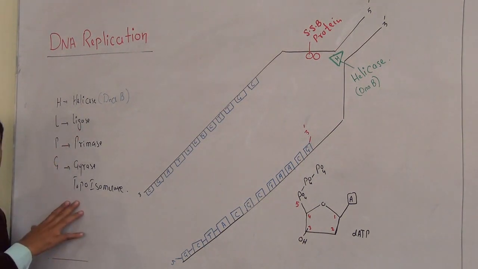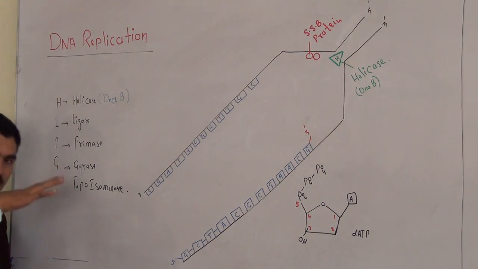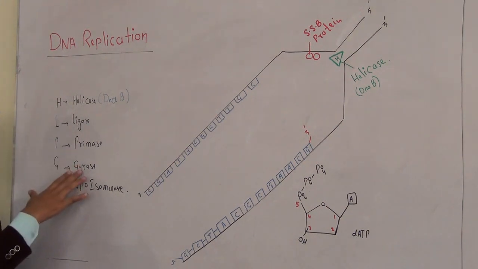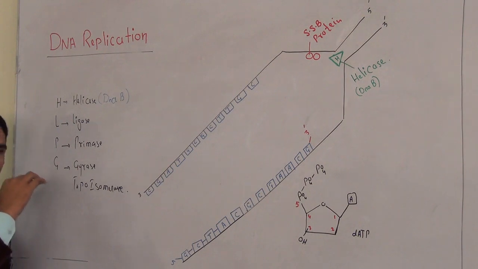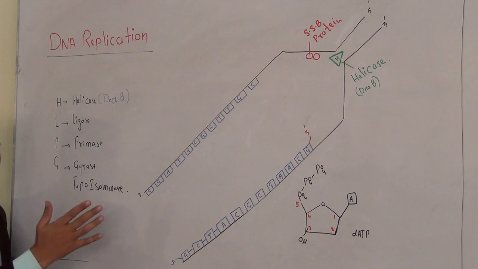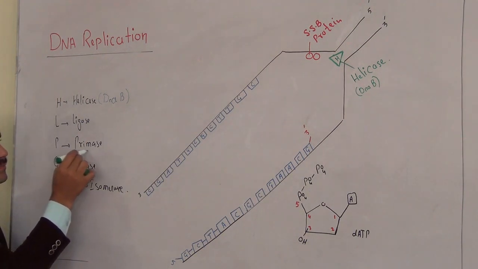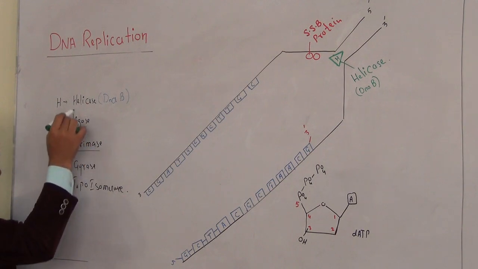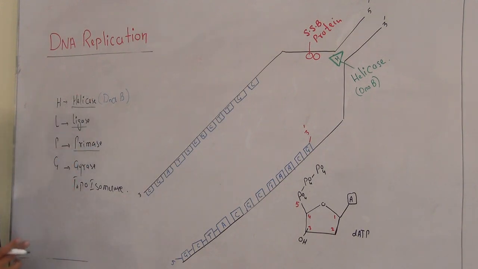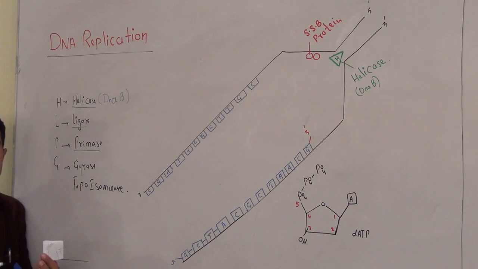There are some enzymes which I can teach you right now, but other enzymes we can't study right now; at the end of the lecture we will study them, like topoisomerase, which is also called gyrase, the primase enzyme, and the ligase enzyme. The helicase enzyme is the one that we can easily understand. What is the helicase enzyme?